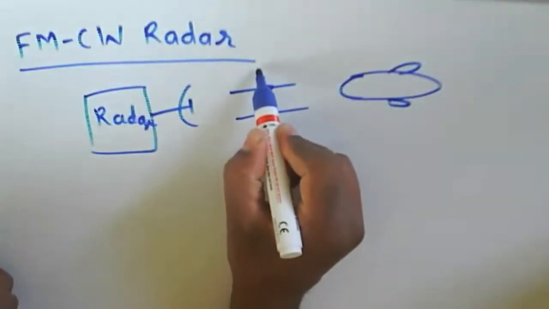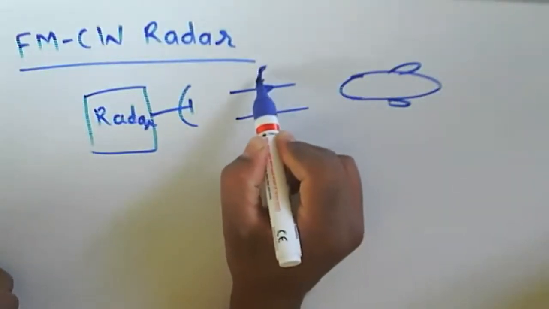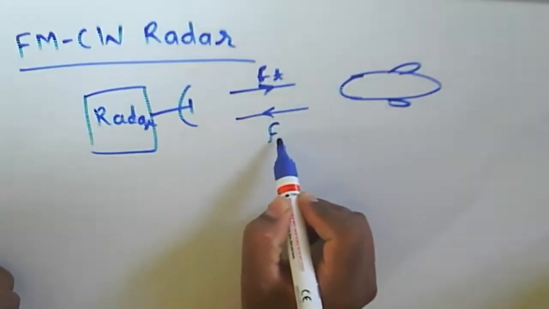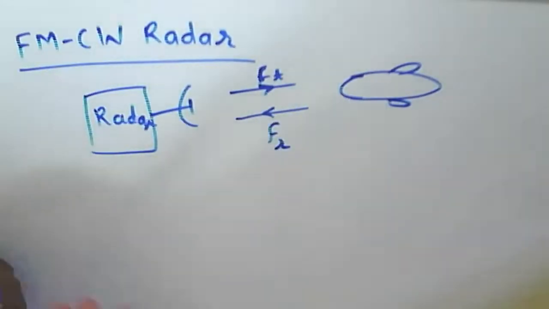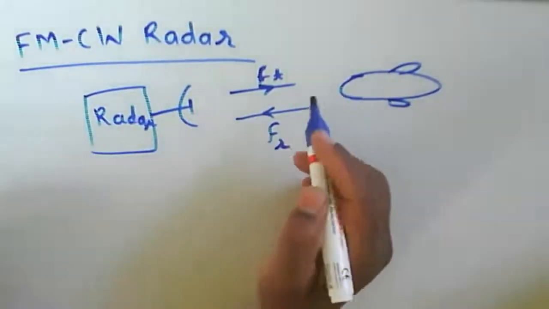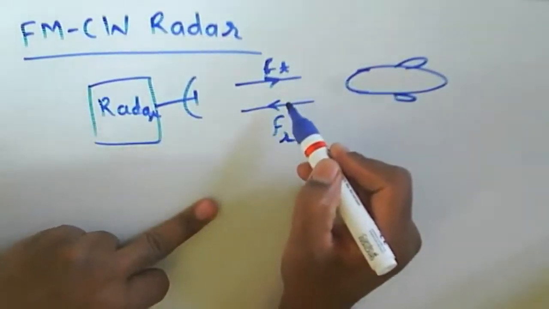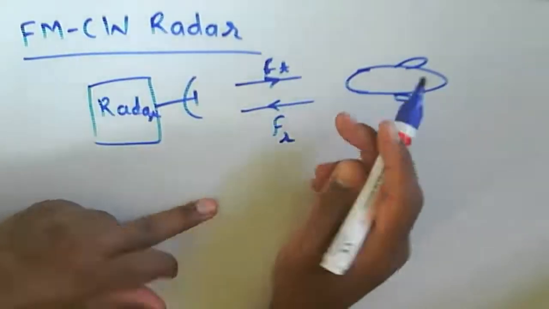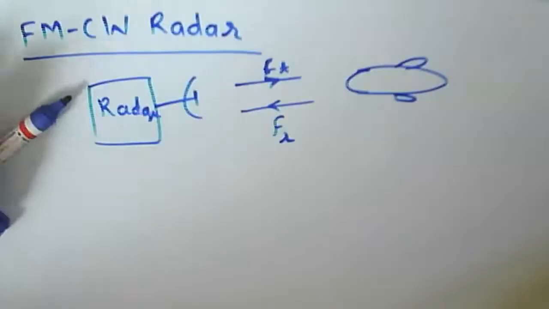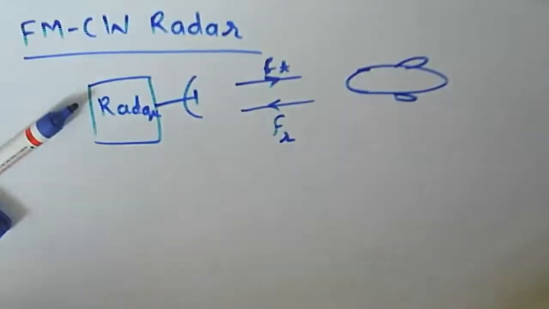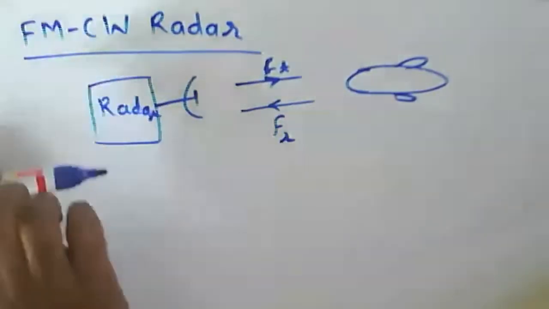This one is your transmitting frequency signal ft, and this one is your echo, the received signal fr. Now ft and fr have a small difference. Why will there be a small difference? Because of the echo signal received at the radar receiver.